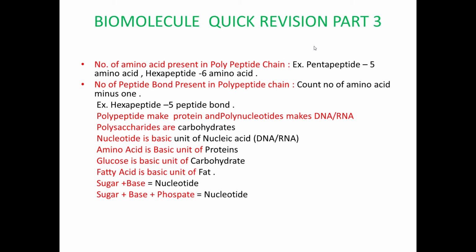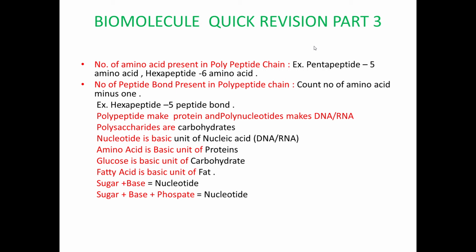Next is sugar plus base. What type of sugar? It is ribose sugar or deoxyribose sugar. And base, what is base? That is nitrogenous base. It can be adenine, guanine, cytosine, or thymine.